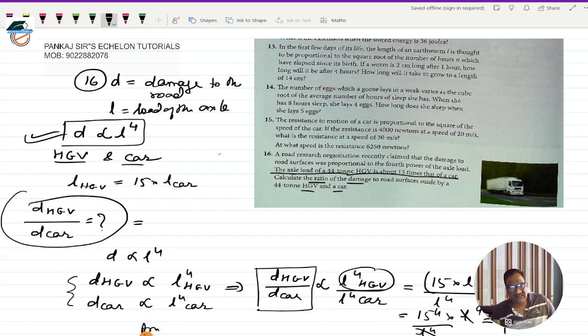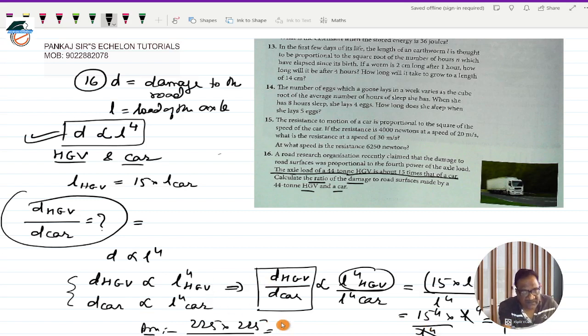So the answer is 15 raised to 4, works out to how much, you know? 15 into 15 is 225 into another 225 upon 1. Now this should work out to how much? 225 into 225 should work out to, I think it is 50625.